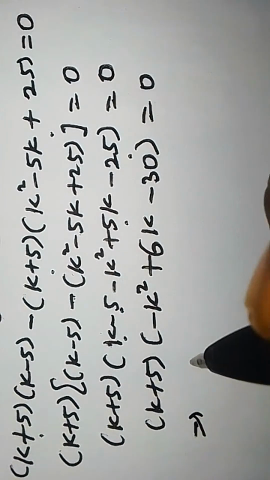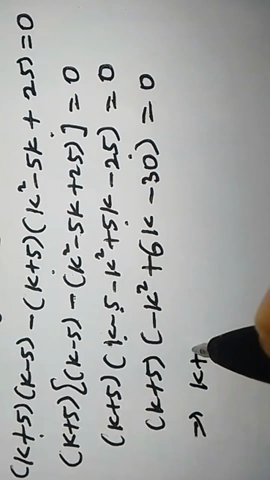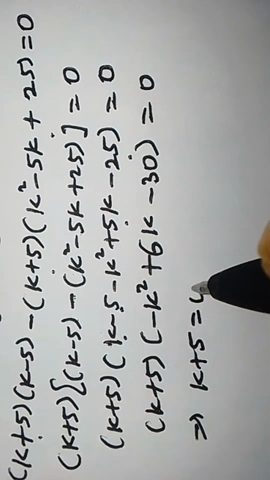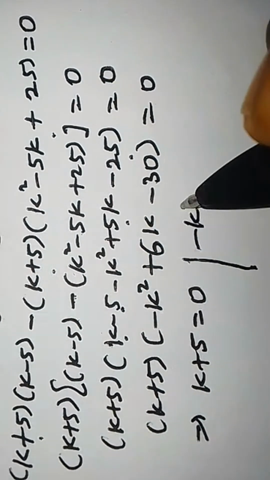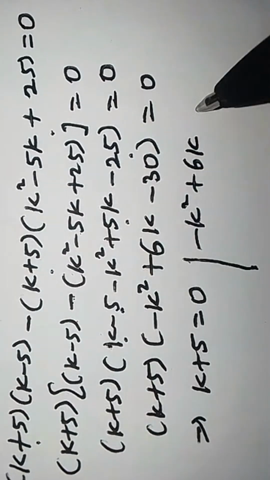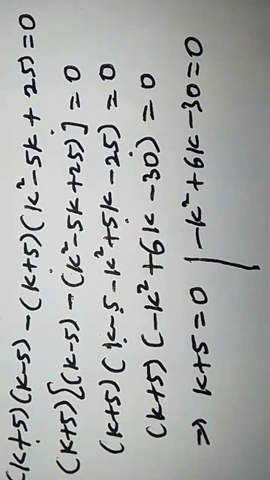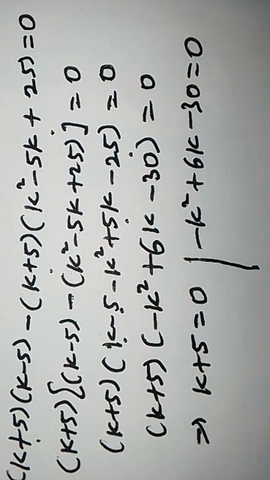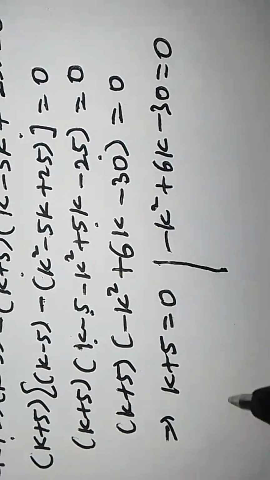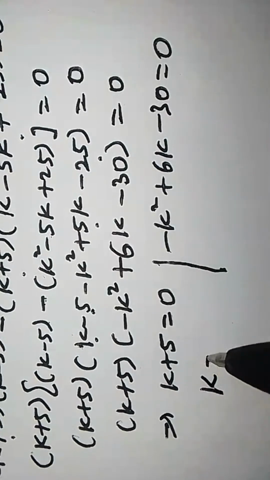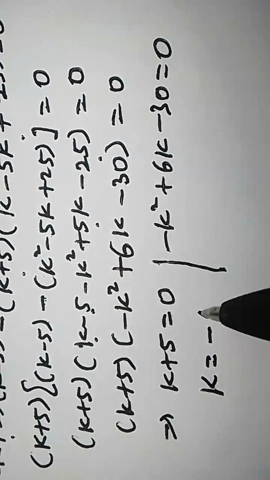This means that K plus 5 is equal to 0, or minus K squared plus 6K minus 30 is equal to 0. From this line, it is obvious K is equal to minus 5.